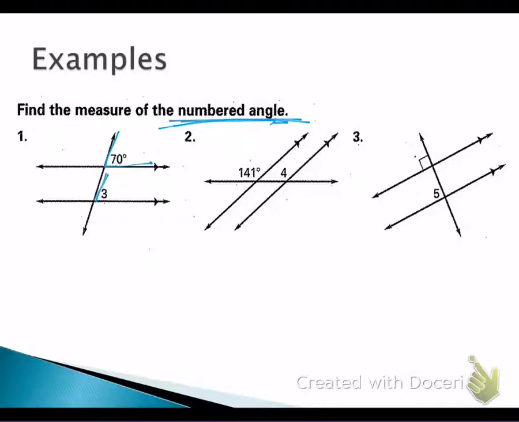I'm looking for the measure of angle 3. What type of angles are these? Those are corresponding. And corresponding angles are congruent. So angle 3 is 70 degrees.